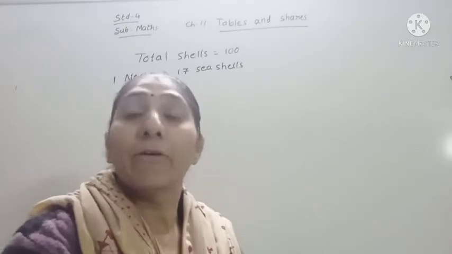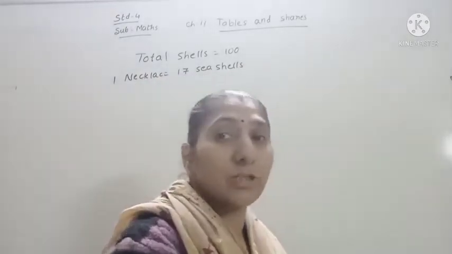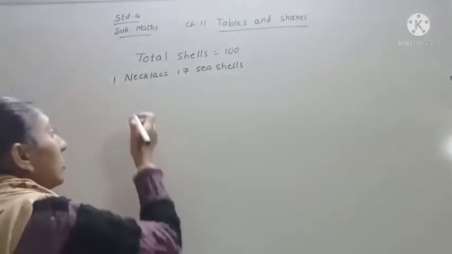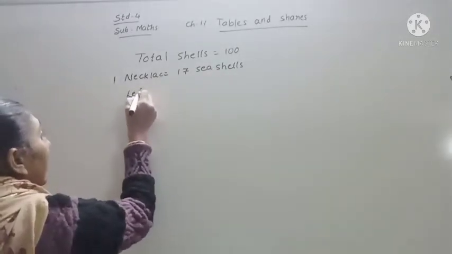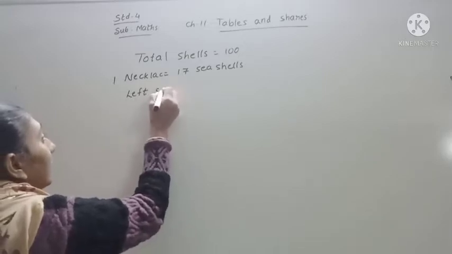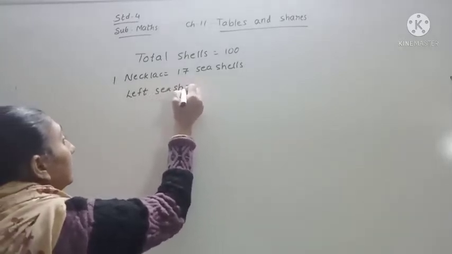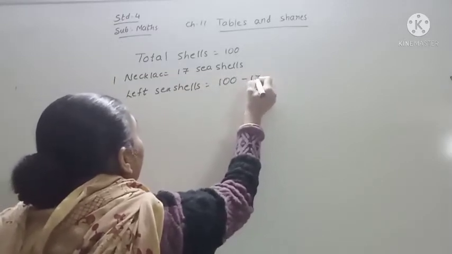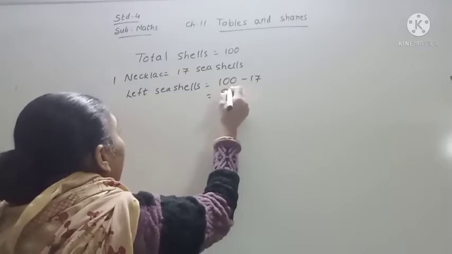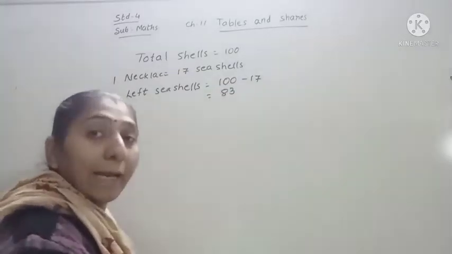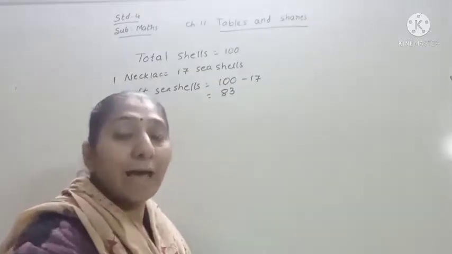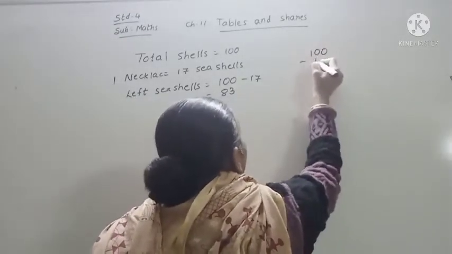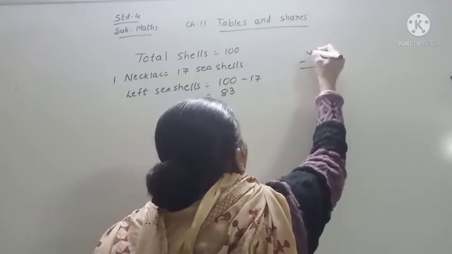So let us see. We have to do this with the subtraction method. One necklace is equal to 17 seashells. So now how many seashells are left with him? Left seashells is equal to 100 minus 17 is equal to 83. 83 shells are left with him.